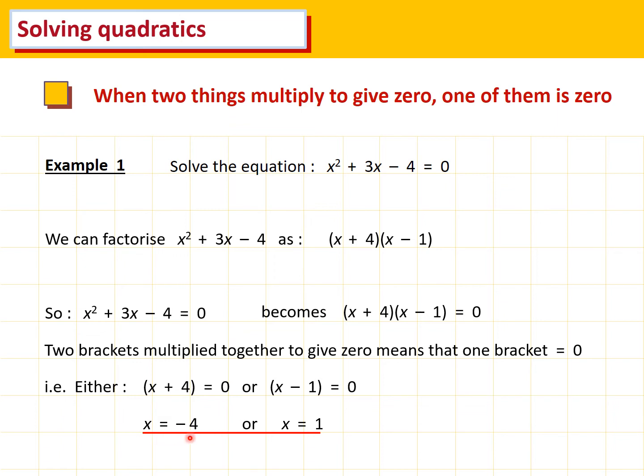If we take x equals negative 4 and put it into this quadratic expression, it should give us 0. And similarly, if we take x equals 1 and substitute it into our quadratic expression, it should give us 0. And if you do that check and you get 0, you know that your answers are correct.